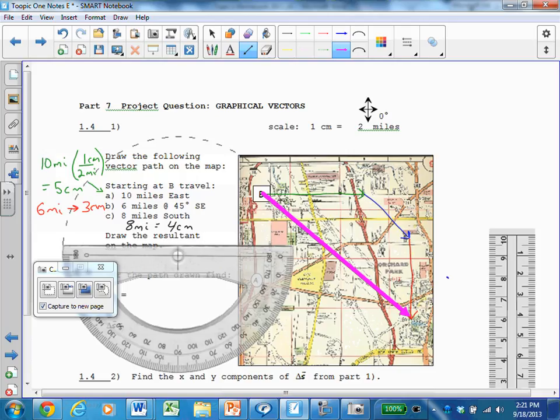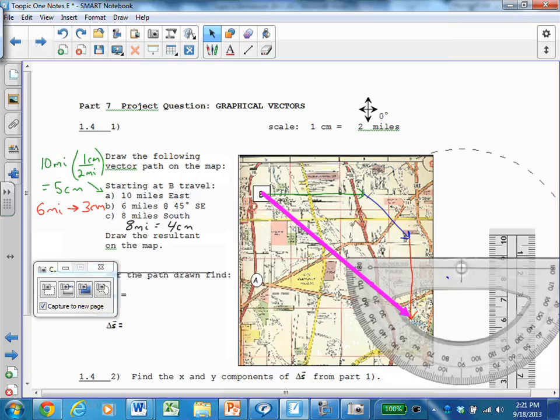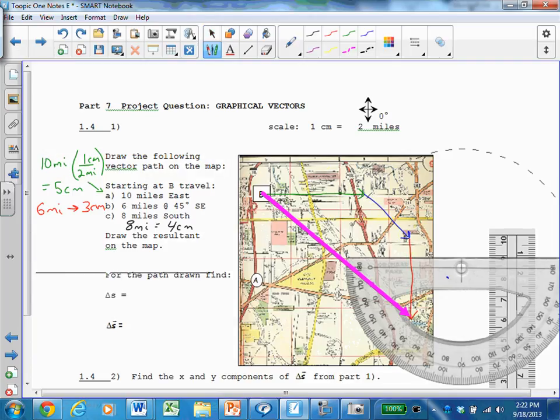The sum of green plus blue plus red on mine is the distance. So what is delta S? Well, delta S would be 10 miles, 6 miles, plus 8 miles equals 24 miles.